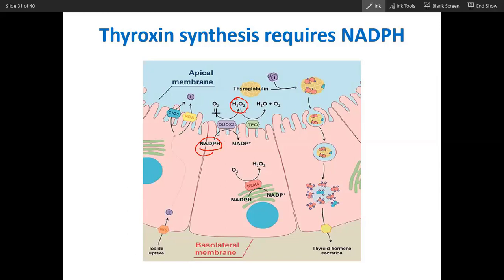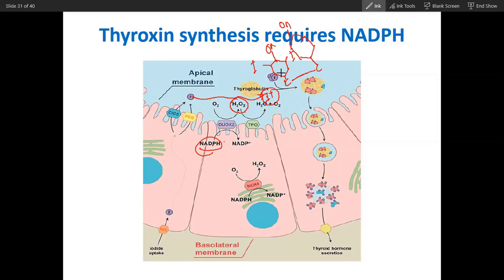This H2O2 will convert iodine into iodine plus, and this iodine plus will be added to the tyrosine moiety. Tyrosine is present in proteins. Many proteins have tyrosine. This thyroglobulin has tyrosine here. So this is tyrosine. Now iodine will be added here.